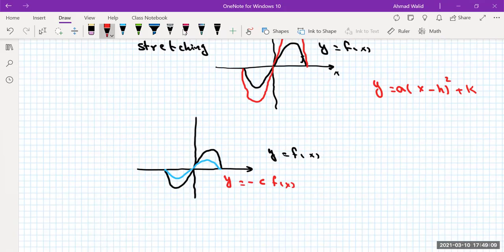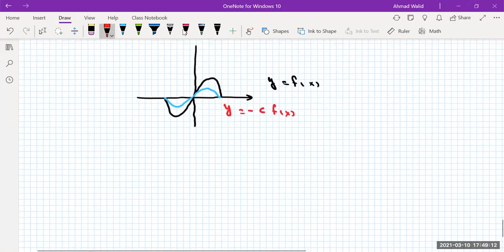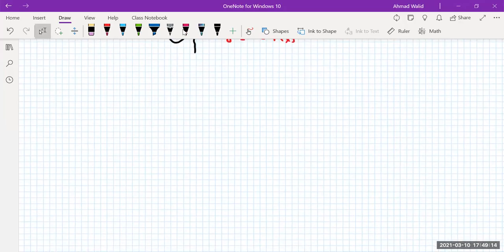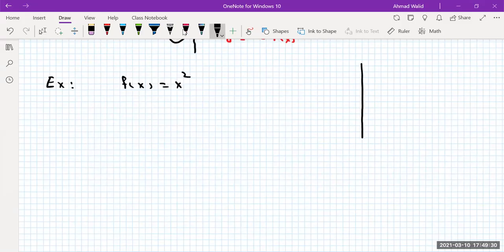Examples are really easy. Let's do at least one example. f of x equals x squared. We already know the parent graph for x squared, and we know the table for that. We did at least a few examples today for this.